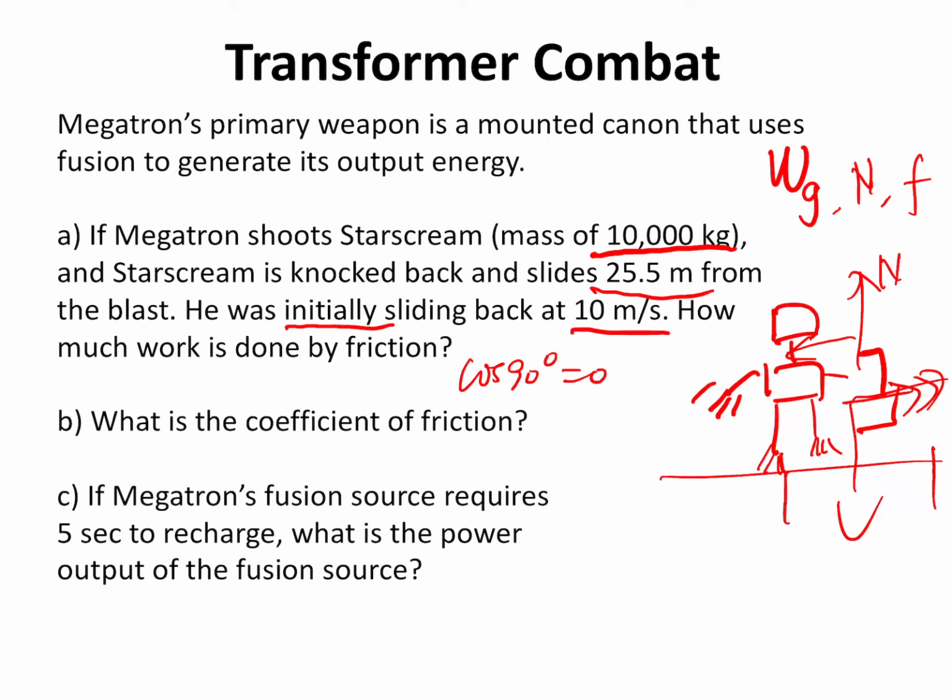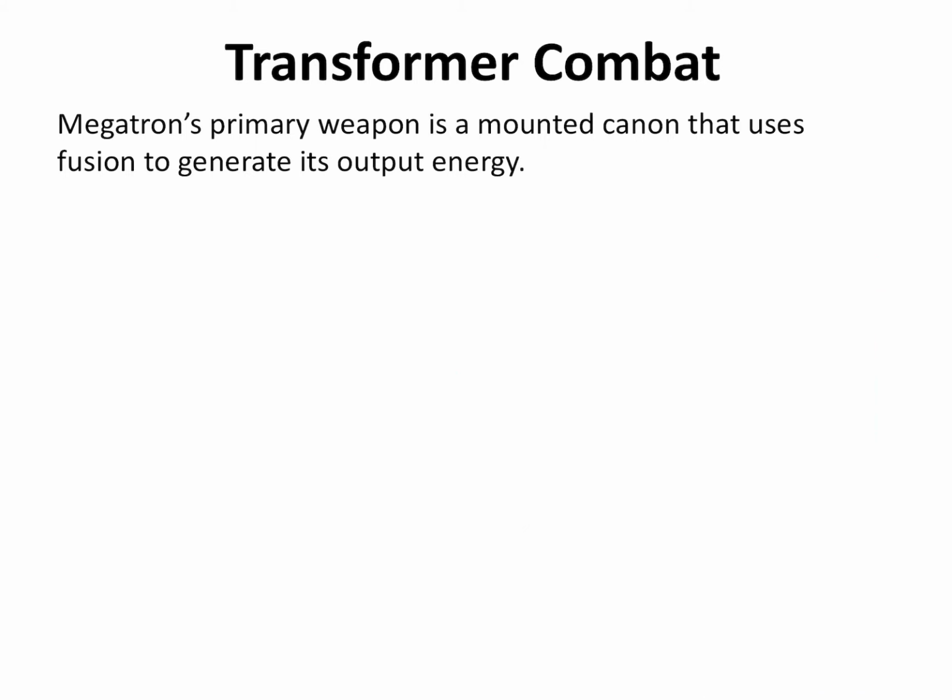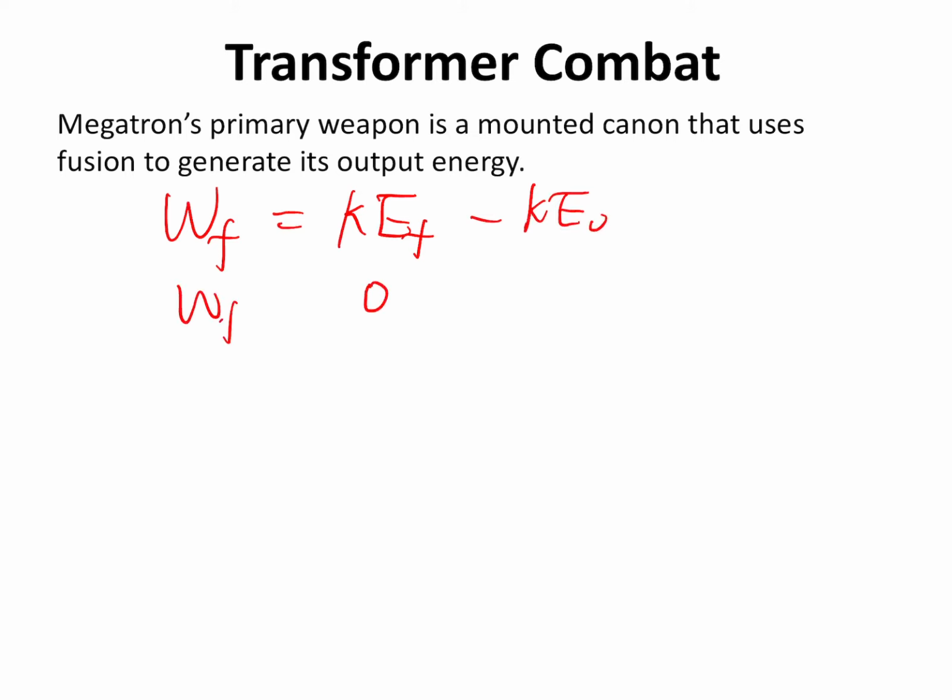Okay, so now we need to recall the work energy theorem. The only force doing work is friction, and the kinetic energy changed. Work done by friction should equal the change of kinetic energy. Final kinetic energy is 0. Initial kinetic energy is 1/2 m v squared, with m being 10,000 kilograms and v being 10 meters per second. You don't need to plug in all the numbers.